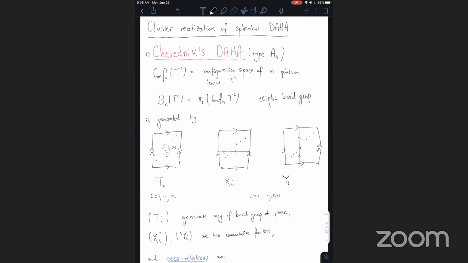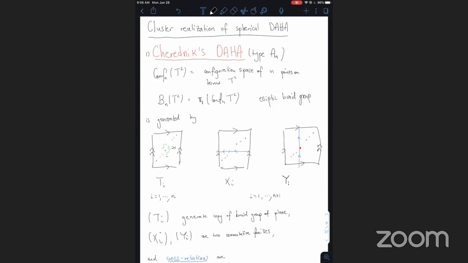So what's the basic idea? Again, in the talk, we'll be confining ourselves to the case of type A_n, and really more specifically, the double affine Hecke algebra associated to GL_n.